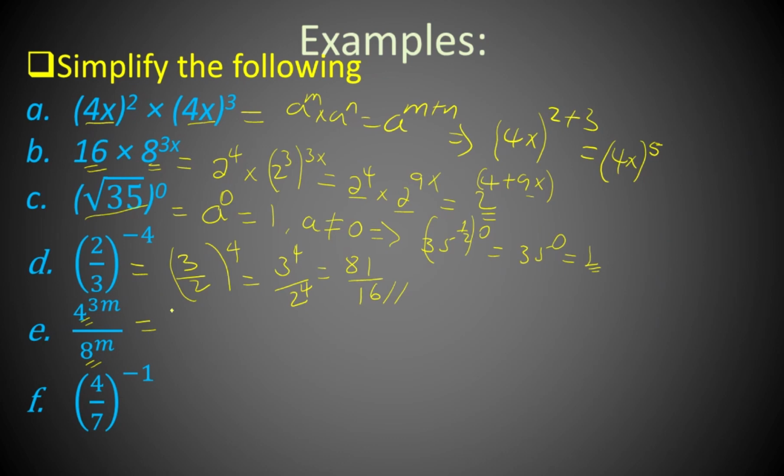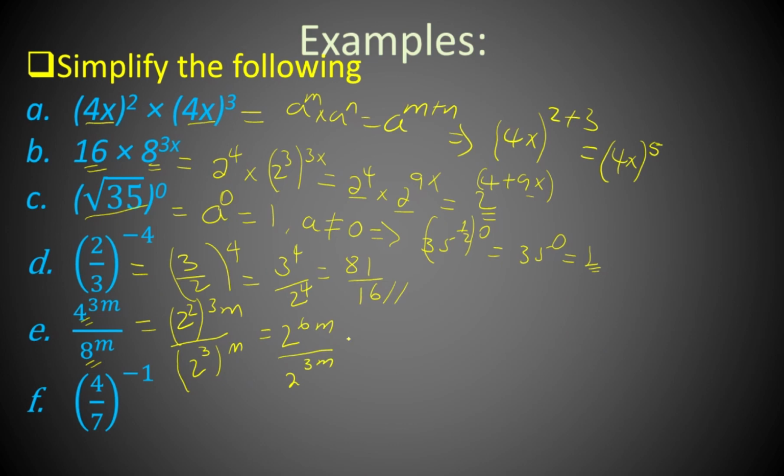So this means (2 squared) to the power of 3m over (2 to the power of 3) the whole to the power of m. This means 2 to the power of 2 times 3m, which is 6m, over 2 to the power of 3m.